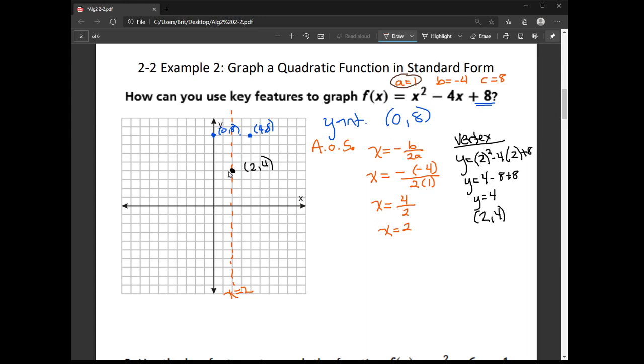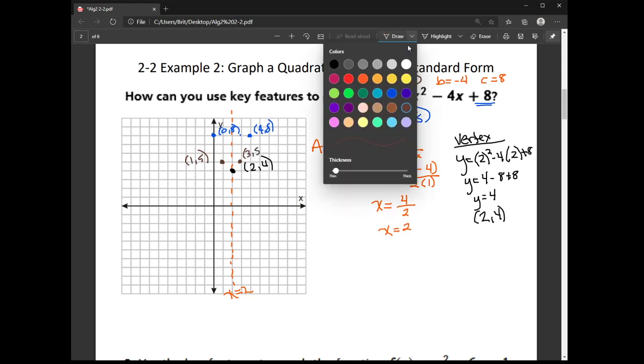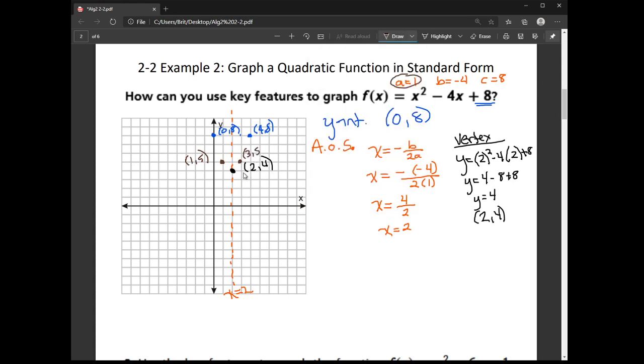So here, because our a value is 1 and it's positive, when I go 1 unit sideways, I can also go up 1 unit. Okay, so this is at 1, 5, or I can go to the right this way and go up 1 unit to 3, 5. And now I have my 5 points, and I could draw that nice parabola in there.